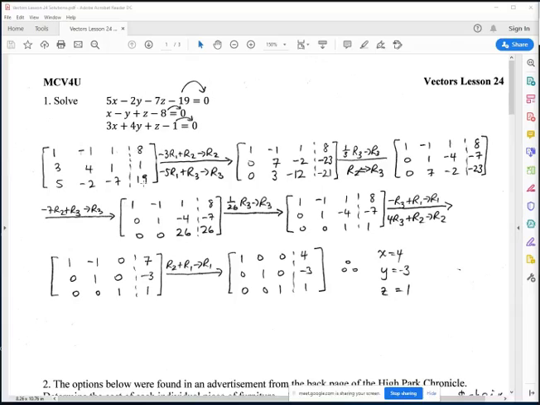Another thing you'll notice is, when I get to a scenario like this here, I could have done this differently. I could have skipped this step of dividing row 3 by 3.